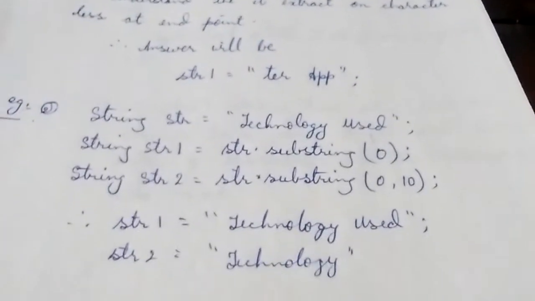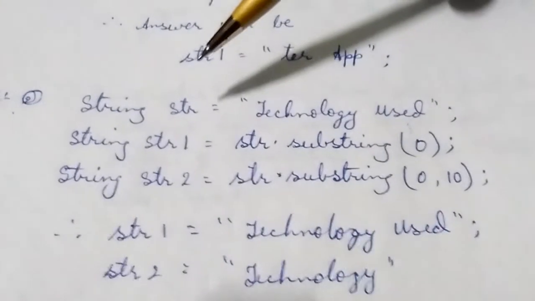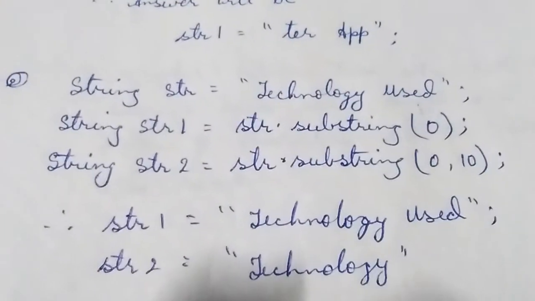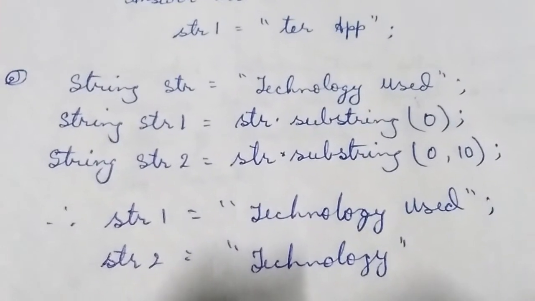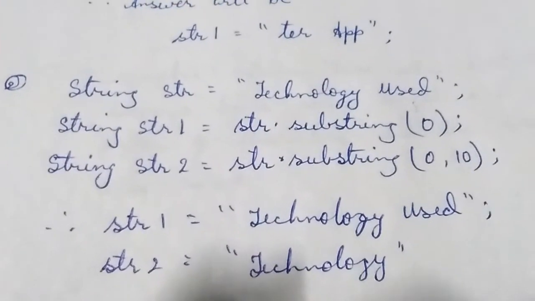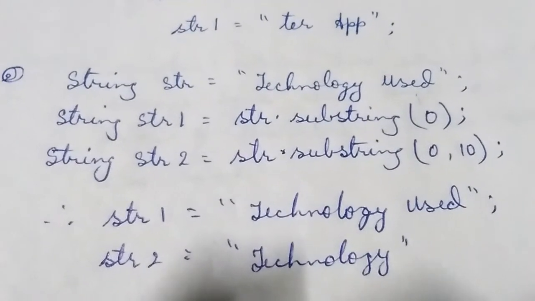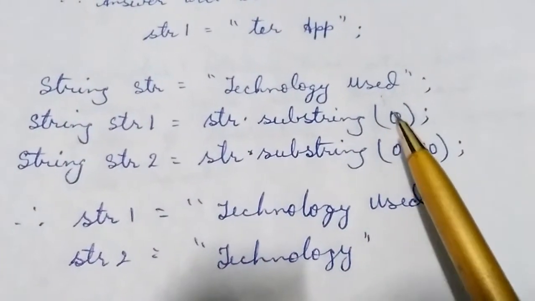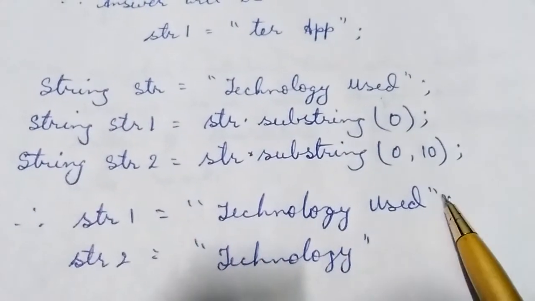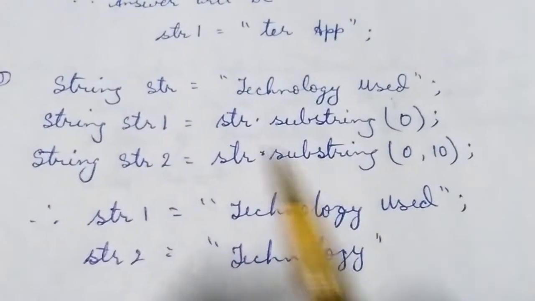Let us see one more example here. String str equals "technology used". If we write String str1 equals str.substring(0), then it will return "technology used". It means from 0 till the end it is extracted.